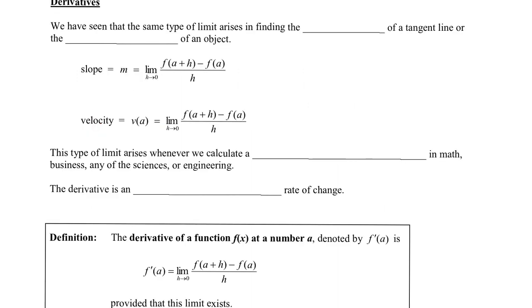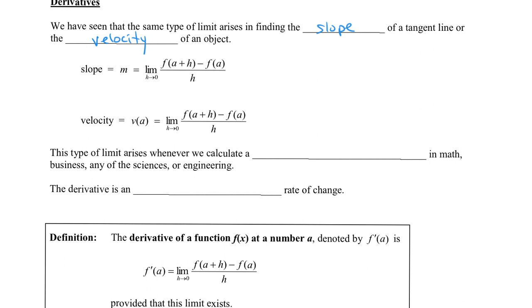So now we're coming up on derivatives, which is one of the main concepts in calculus. We have seen that the same type of limit arises in finding the slope of a tangent line or the velocity of an object.